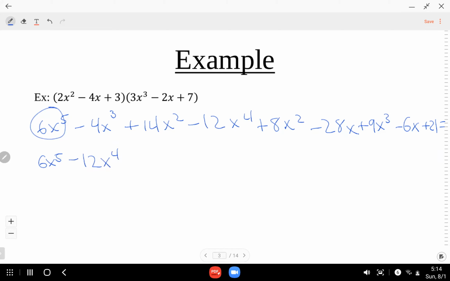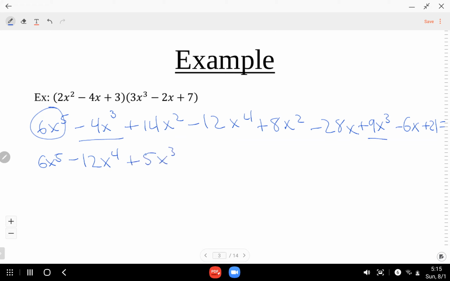Okay, and then we have two x to the third. So basically, it's going to be plus 5x to the third. Okay, they cancel out.